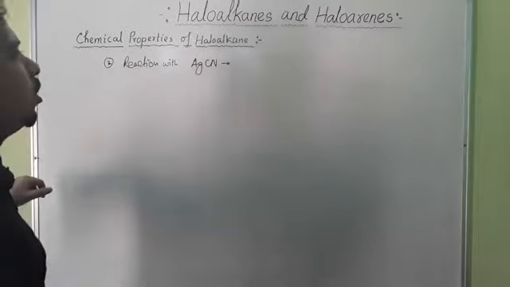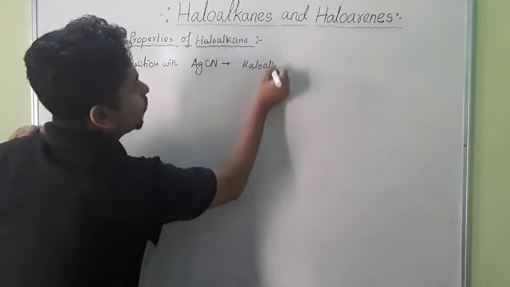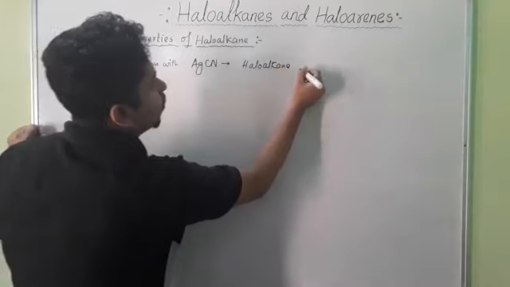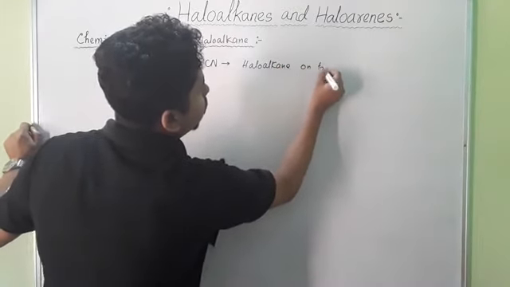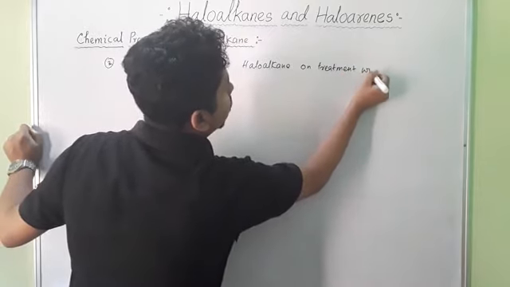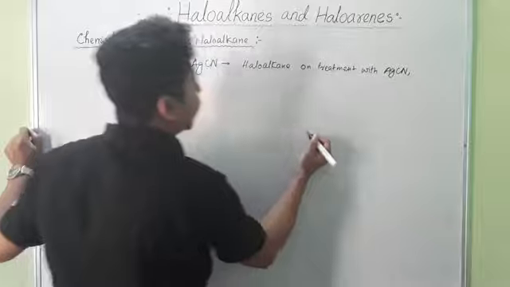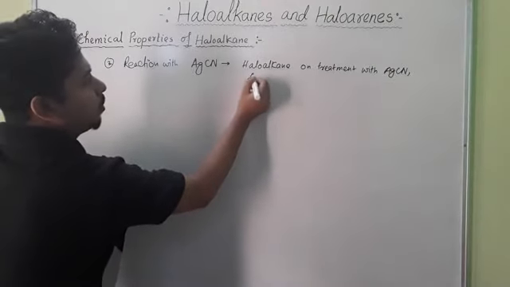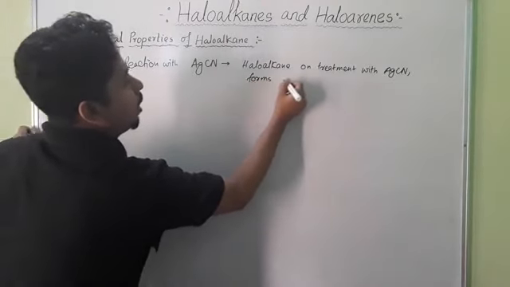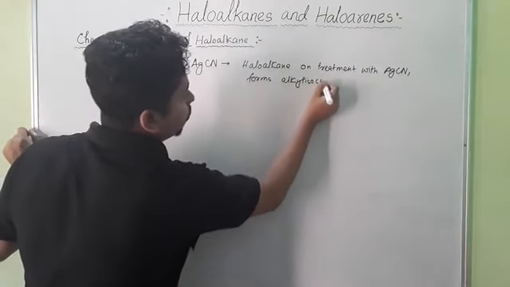So this haloalkane on treatment with AgCN forms alkyl isocyanide.